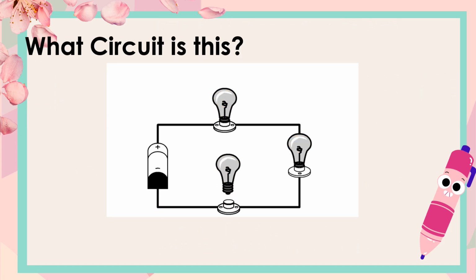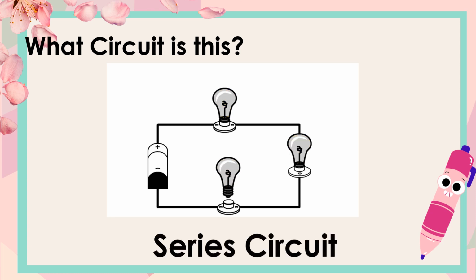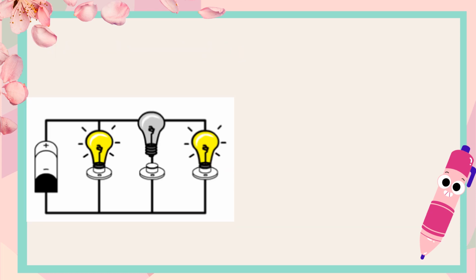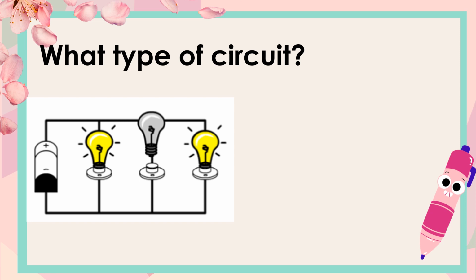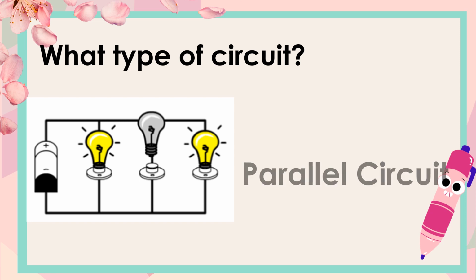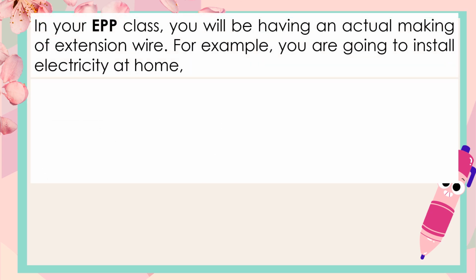What circuit is this? Okay, that is a series circuit. How about this one? What type of circuit is this? Parallel circuit. In your EPP class, you will be making an actual extension wire. That is in industrial arts.